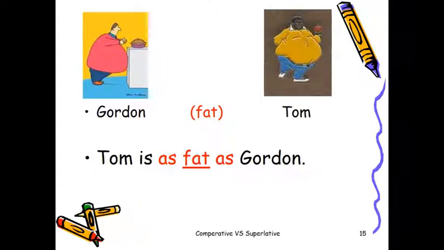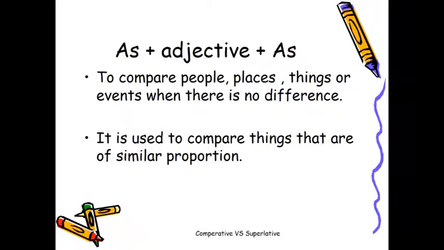Tom is as fat as Gordon. The structure as plus adjective plus as is used to compare people, places, things, or events when there is no difference. So it is used to compare things that are of similar proportion.